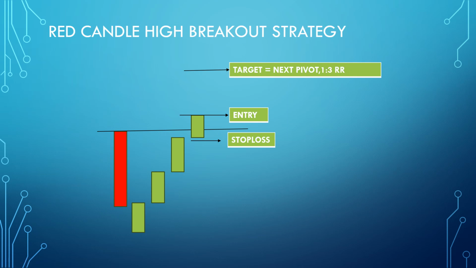risk reward. Why am I saying 1:3 risk reward? In my previous videos, if you have watched them, I always say that target plays a certain role. What do I mean by that? You never know on a particular trading day whether it is going to be a trending day or a sideways day.